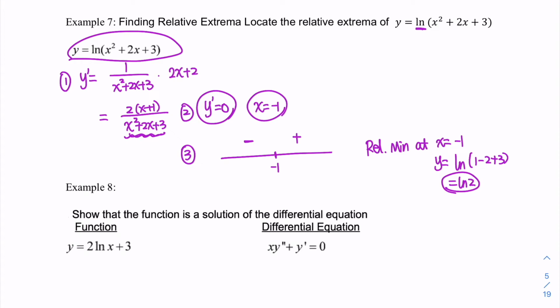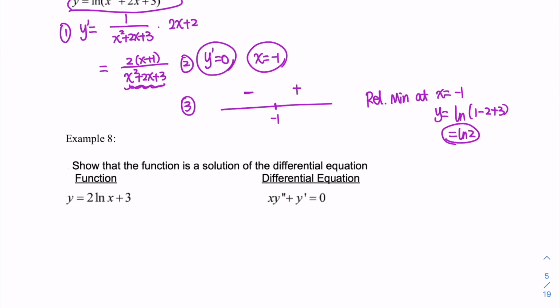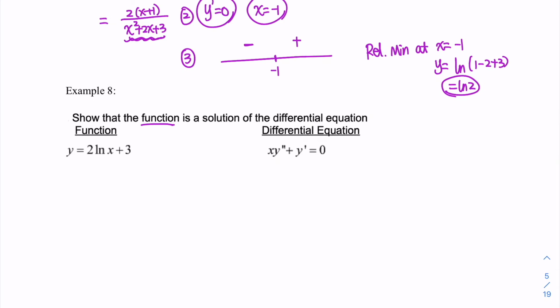So let's have a look at example 8. How do we show a function is a solution to a differential equation? If you still remember, differential equations are equations that have a derivative. It doesn't matter whether it's the first derivative or second derivative, as long as you have a derivative, we call it a differential equation.